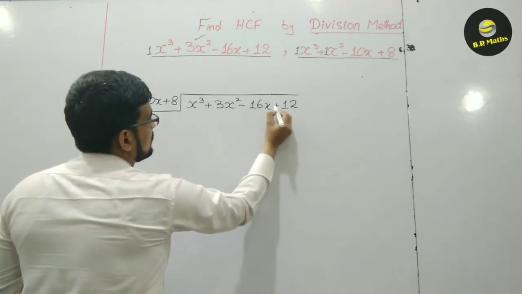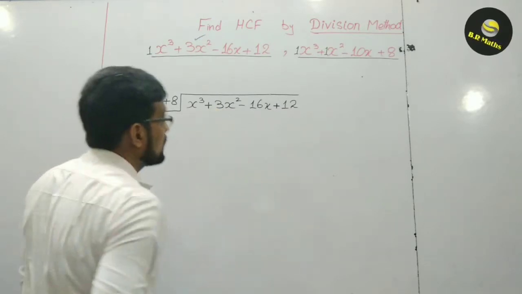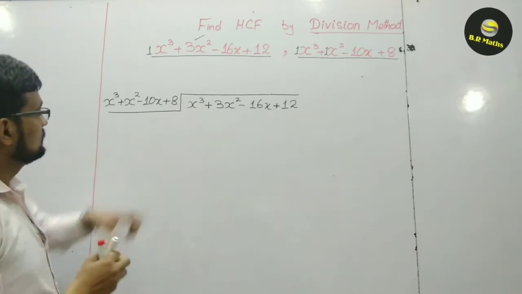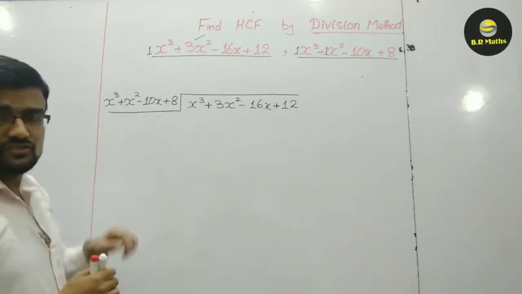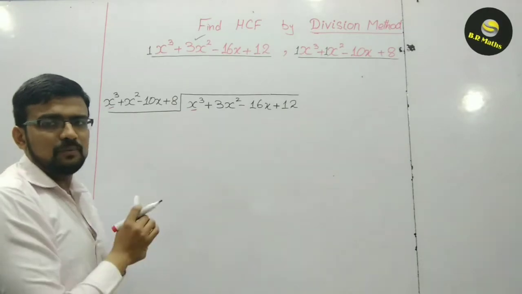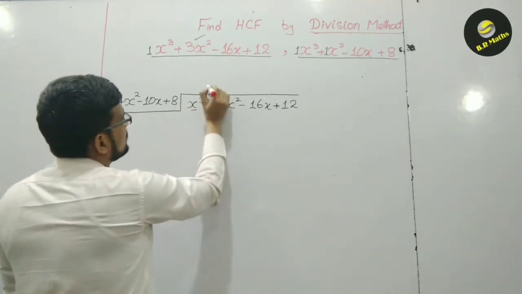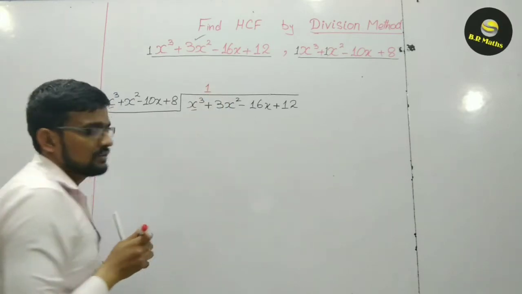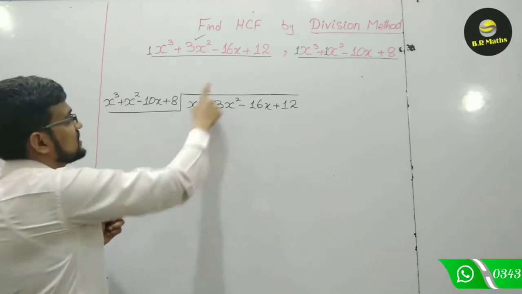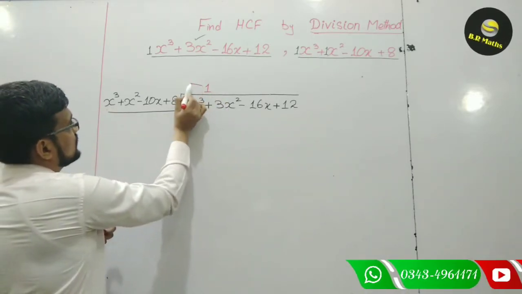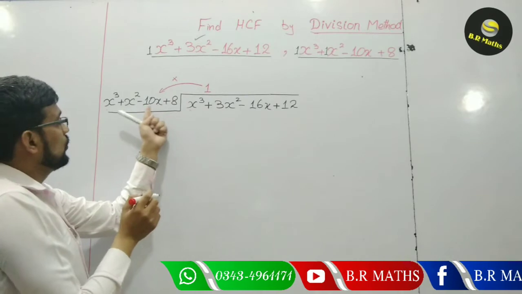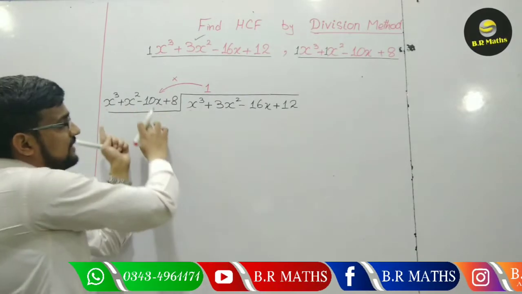Okay, students, start the procedure. Firstly, divide the first term by the first term only: x cube divided by x cube, and the result is 1. So write down the 1. Then multiply this result 1 by the whole polynomial and write it in this form.